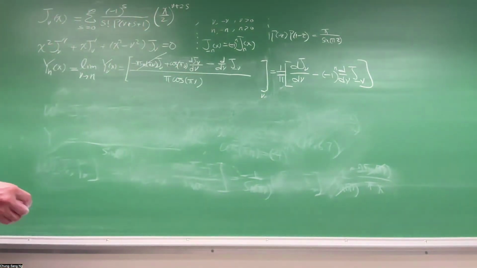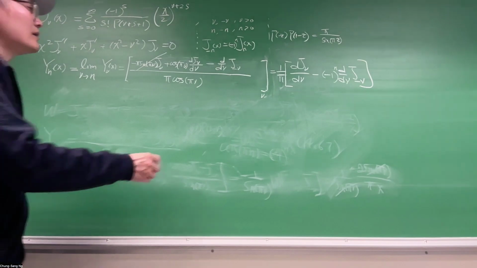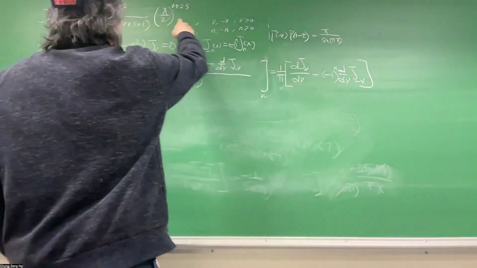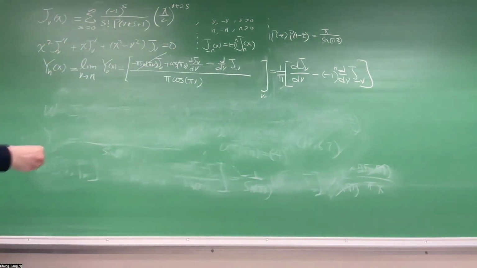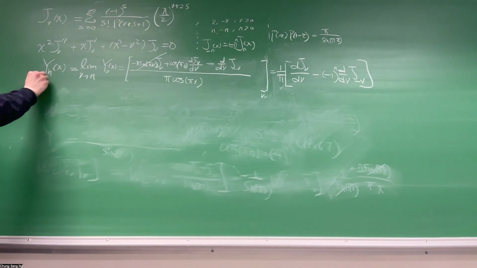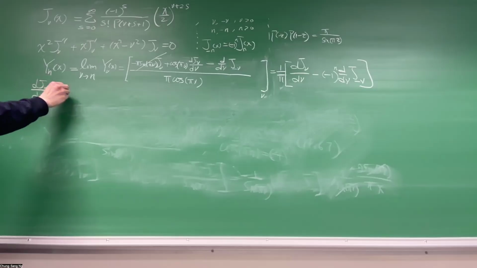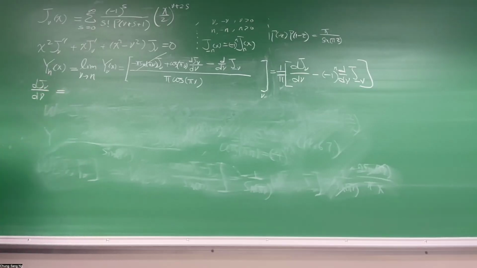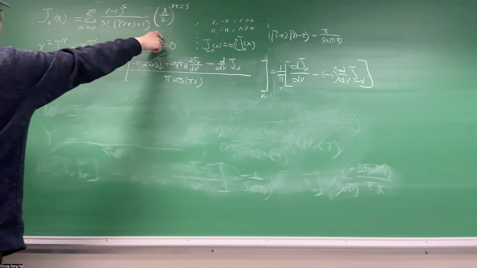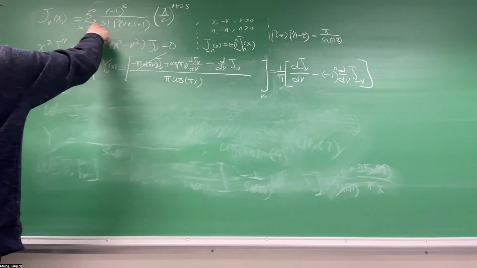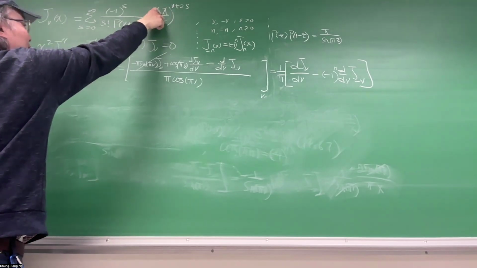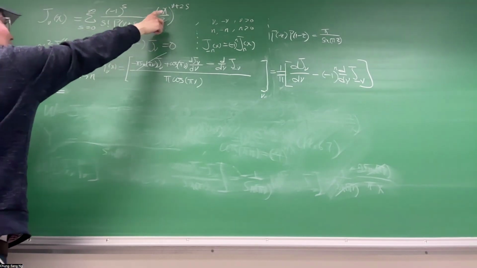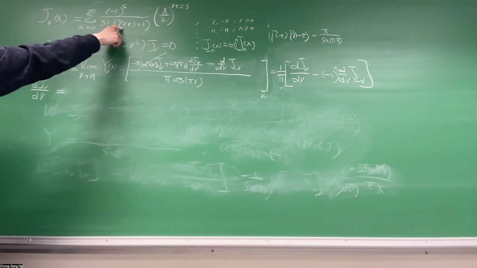Let's see if we have time to finish this. Right. We can use the power series to do the derivative. So we consider this J sub nu, d/d nu. We just need to do it term by term. Now the nu dependency is in the power of this x over 2 factor, and then in the gamma function.